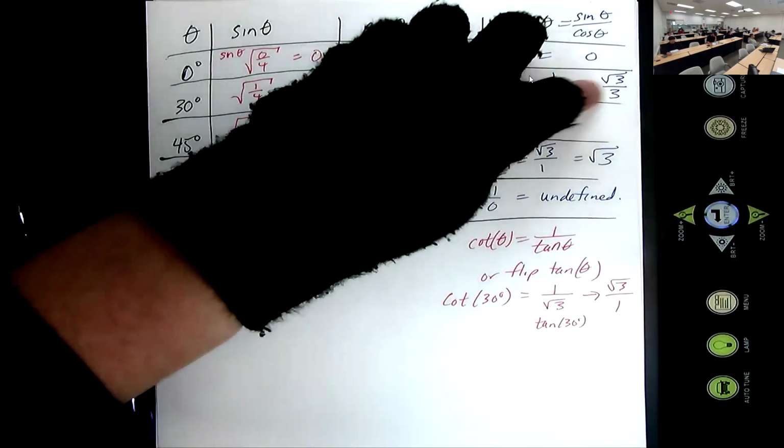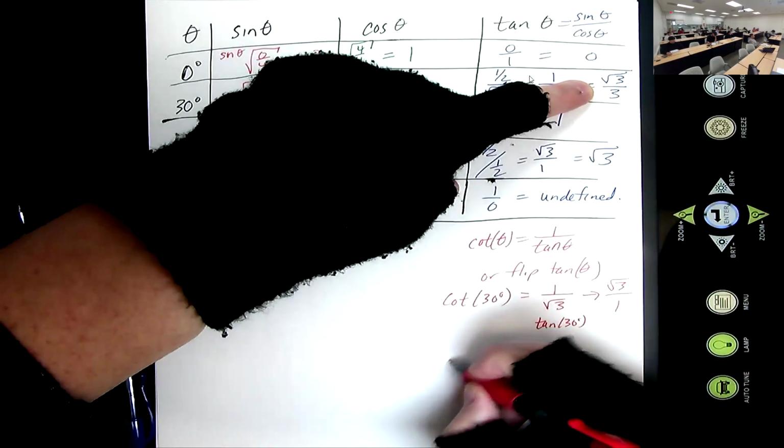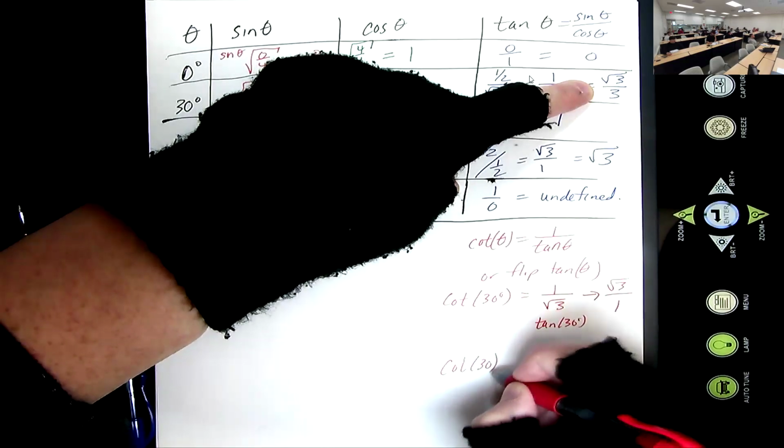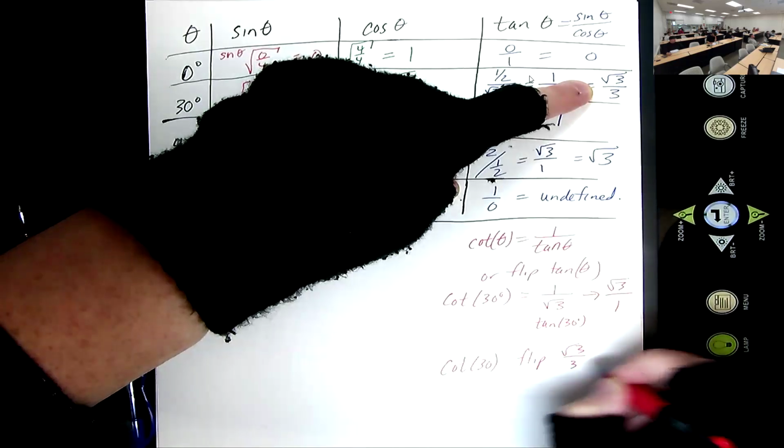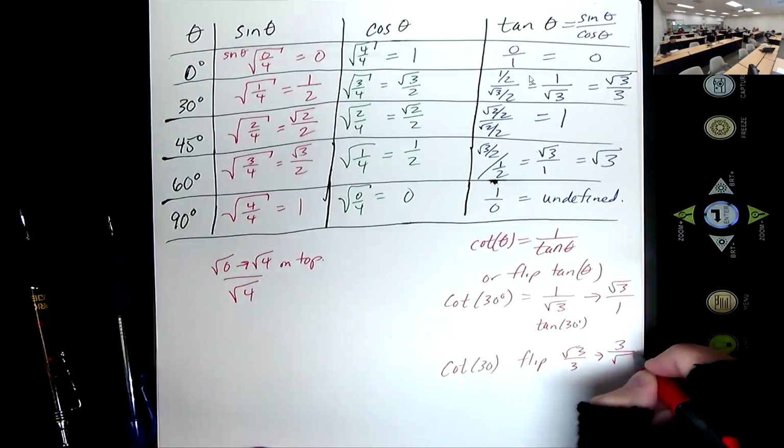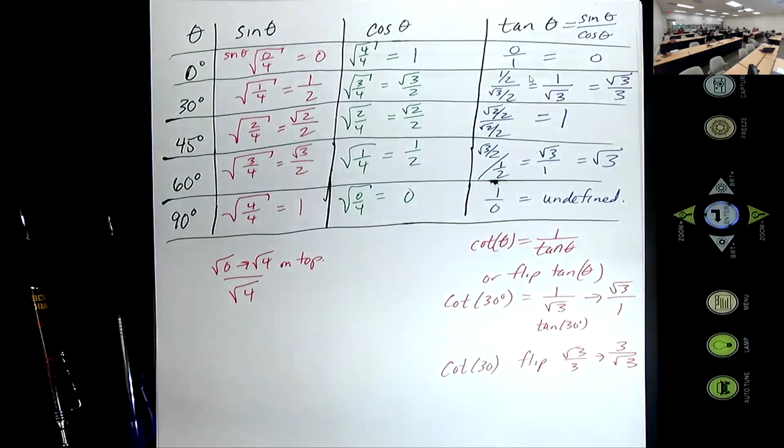Whereas if instead I try to flip root 3 over 3, I get 3 over root 3, and then you have to rationalize again.